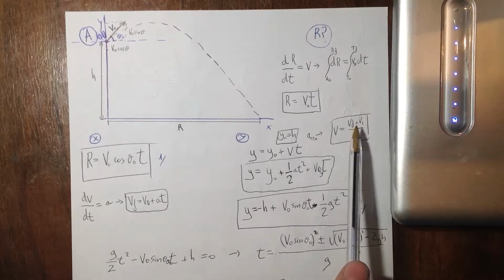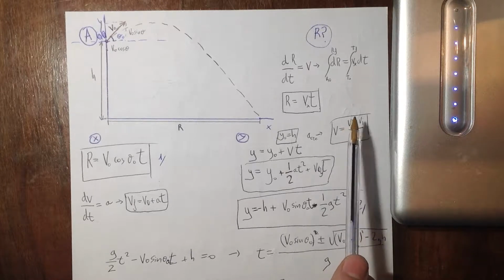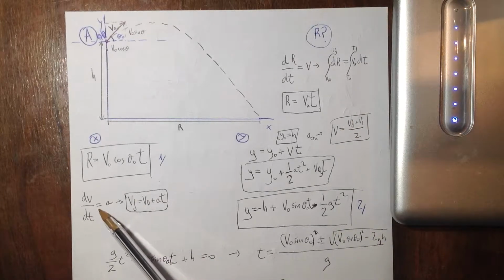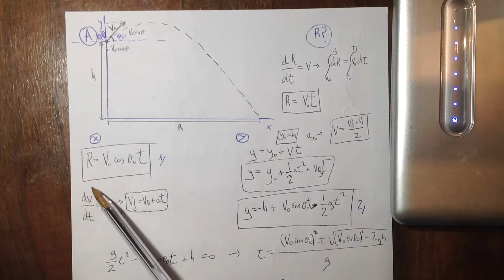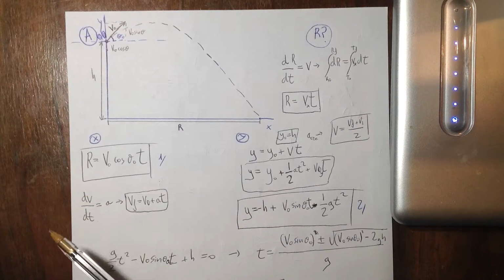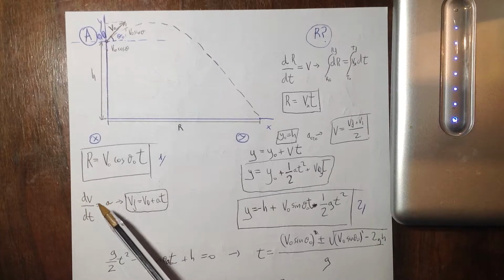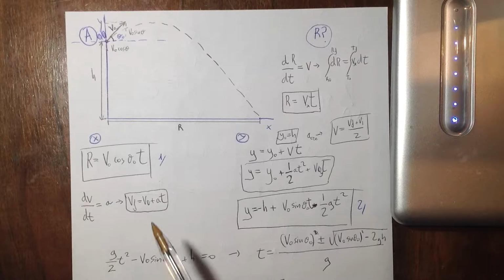So now we have to look for another equation for velocity, and knowing basic calculus, the change in velocity per change in time is equal to the acceleration.